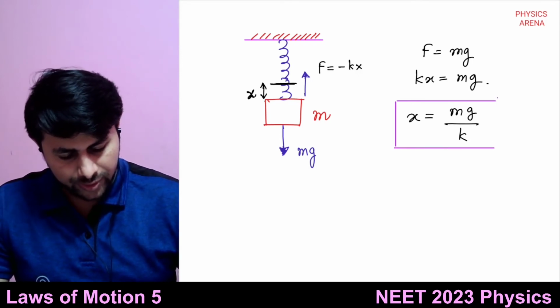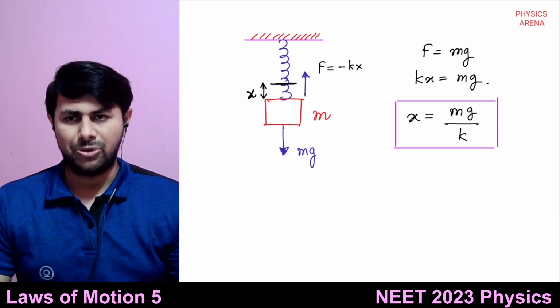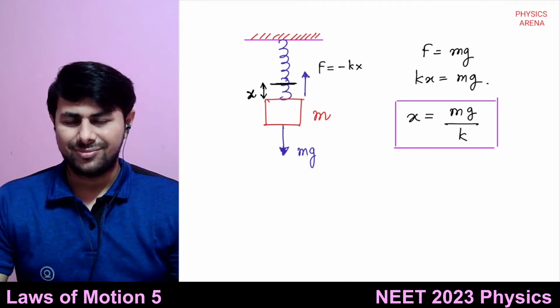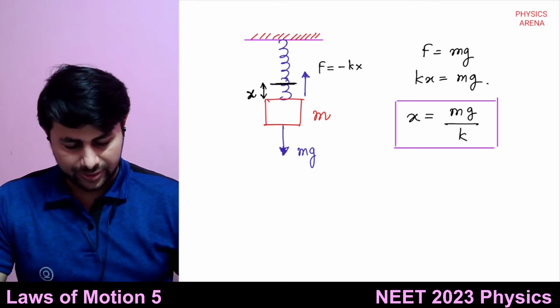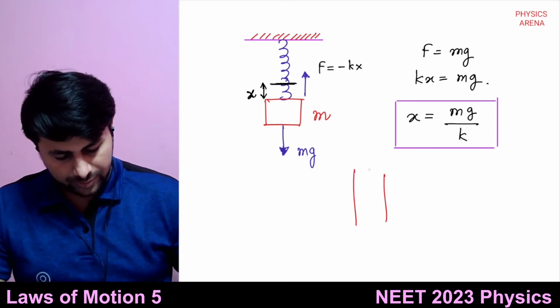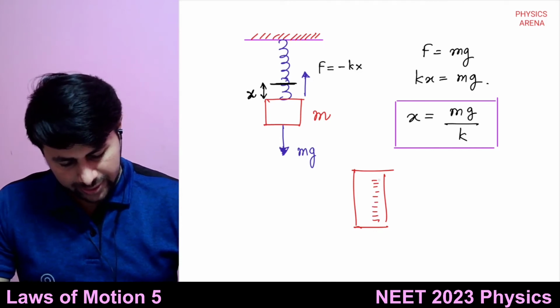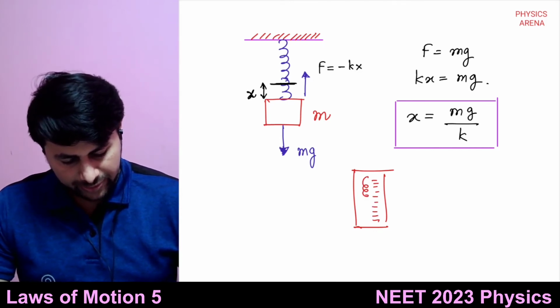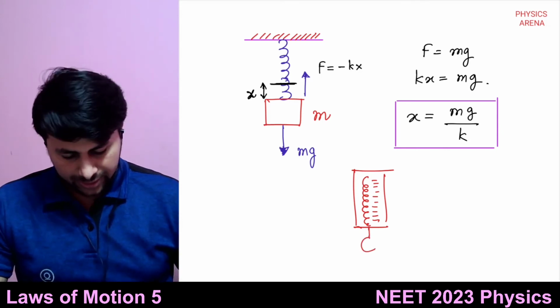Okay, so this is the principle of weighing scales. Have you seen a spring balance? This is the principle of the spring balance. There is a numbered scale like this, and inside it there is a spring and a hook connected to it.